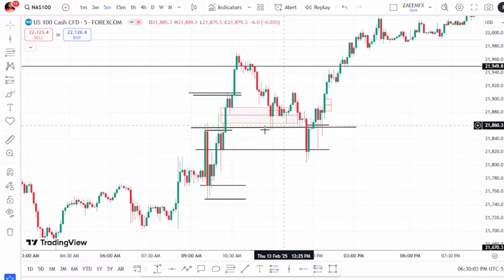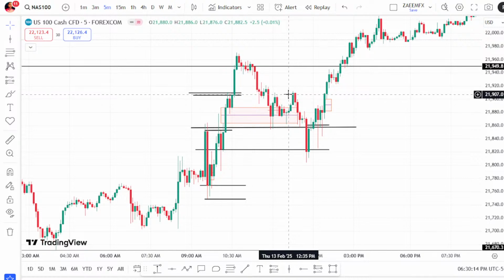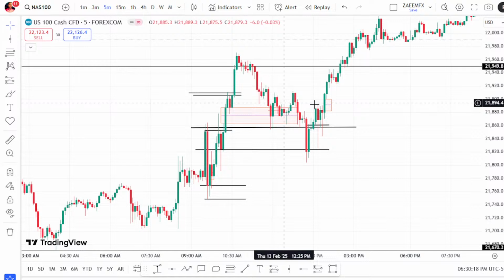So those are the levels I was monitoring. Once price hit it, I was on my 1 minute time frame. I took two losses here. I took the trade based on my entry criteria. I got stopped out.